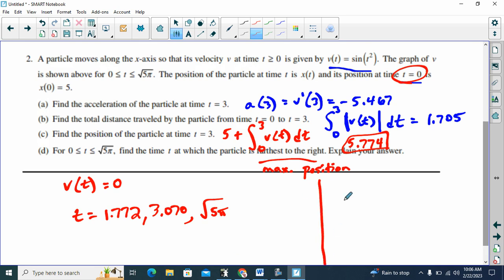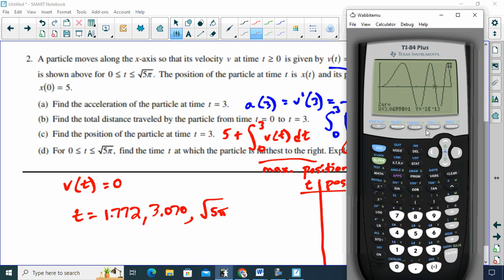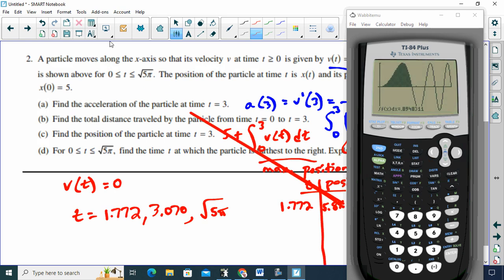To show which one is the maximum position, we want to get the position of each of those. So T and position. At time 1.772, to get its position, we would integrate from 0 to 1.772. And its position is 0.895 plus 5, because that's where it started.